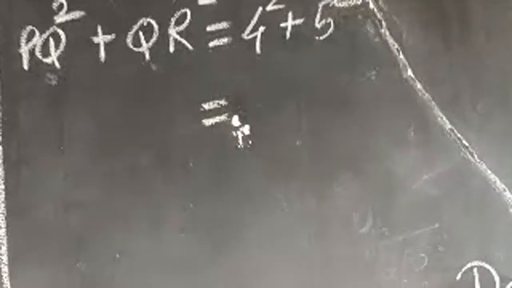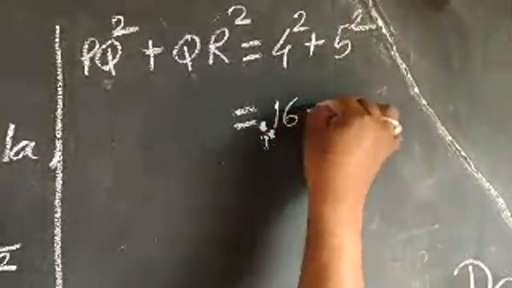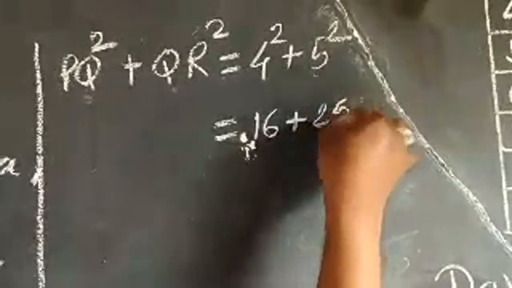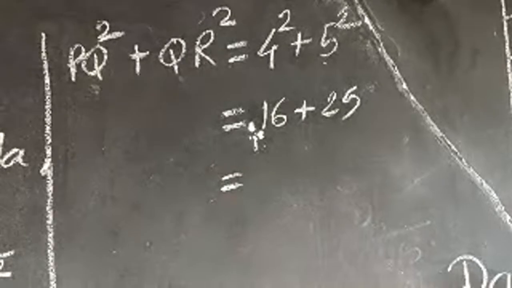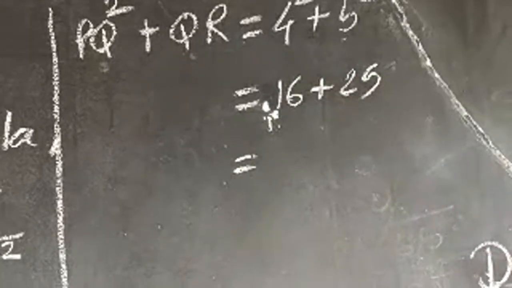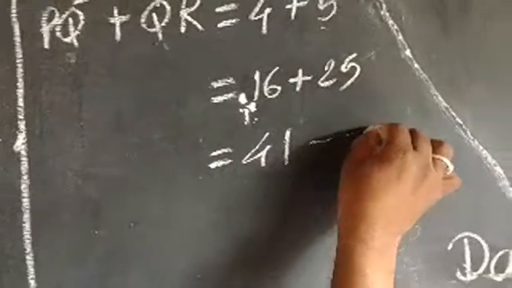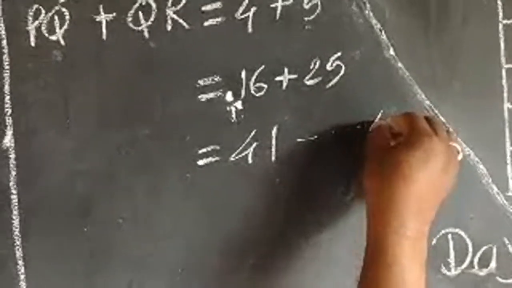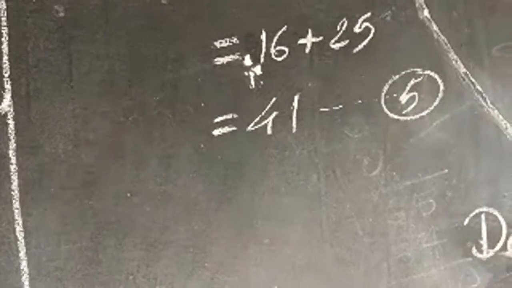Next, 16 plus 25: 4 square is 16 plus 5 square is 25. Addition is 41.